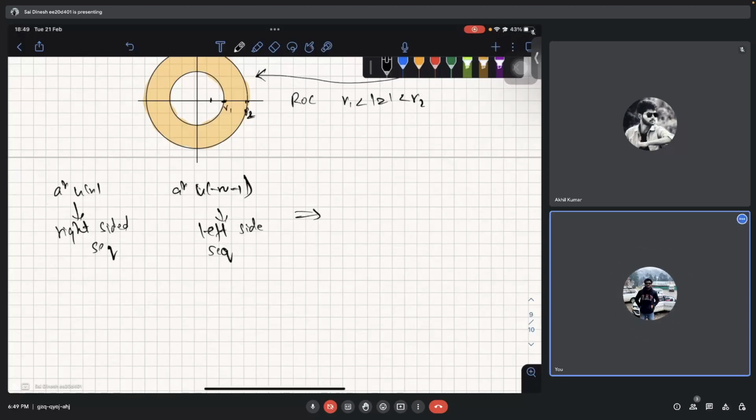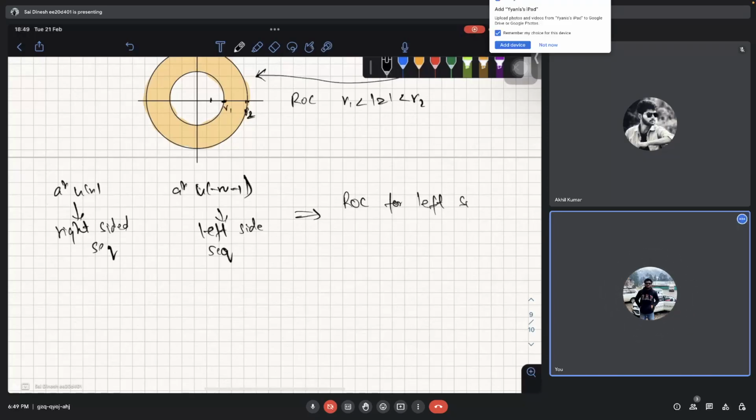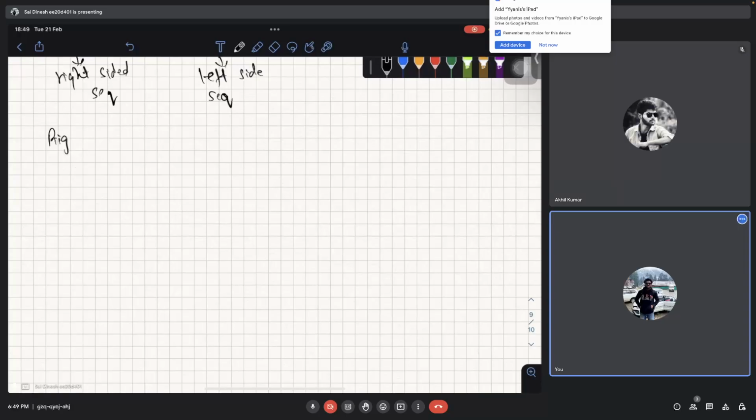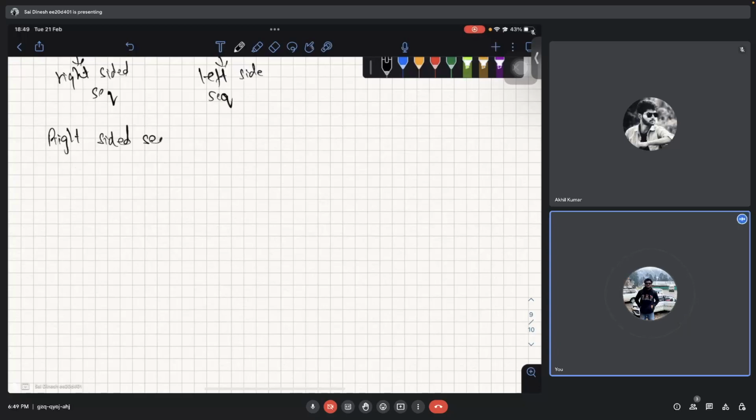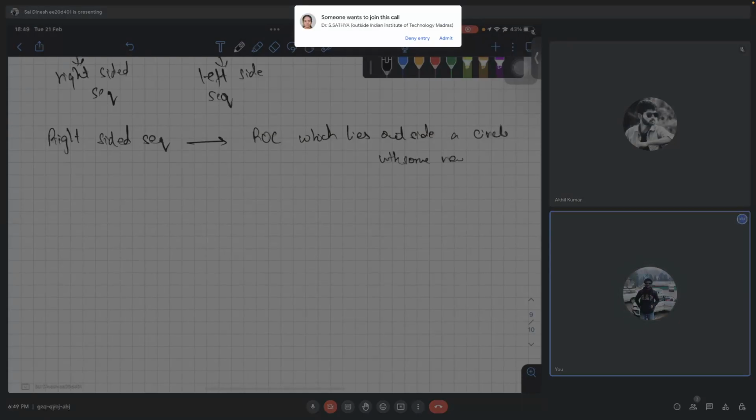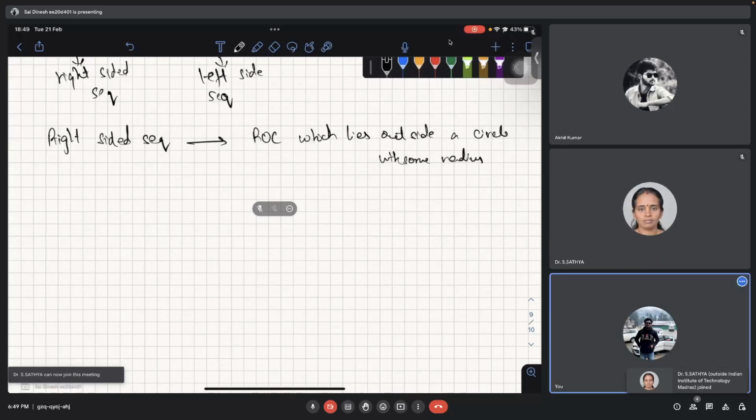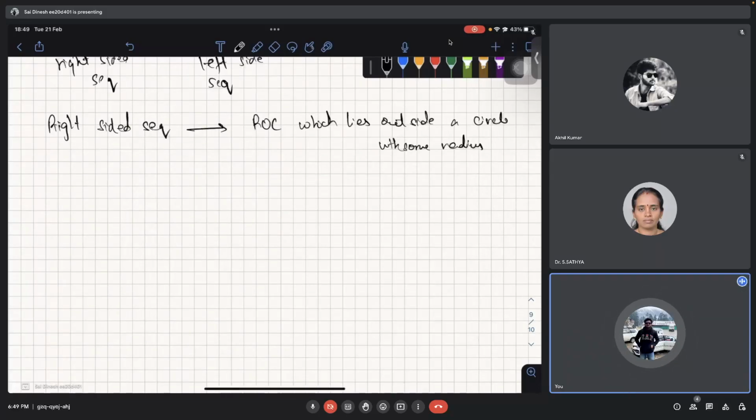We have seen that a right-sided sequence will have an ROC which lies outside a circle with some radius, and a left-sided sequence has an ROC which lies inside a circle.